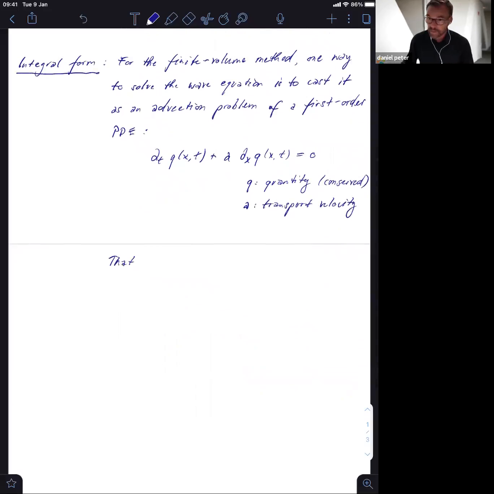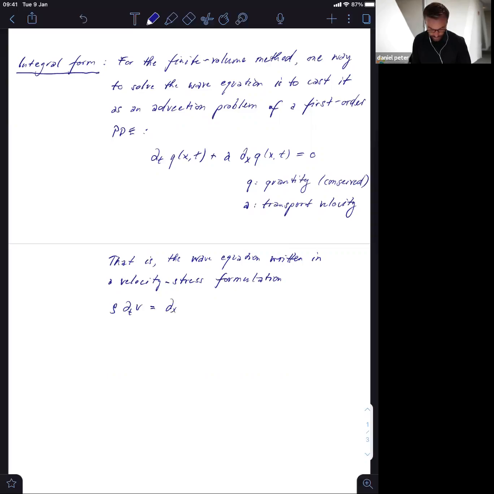We can write the wave equation as a first order PDE, written in a velocity-stress formulation. It would be the density times the derivative of velocity equal to the partial derivative with respect to space of the stress sigma.